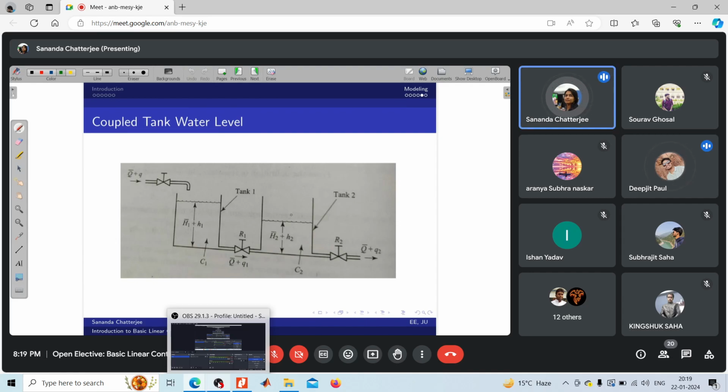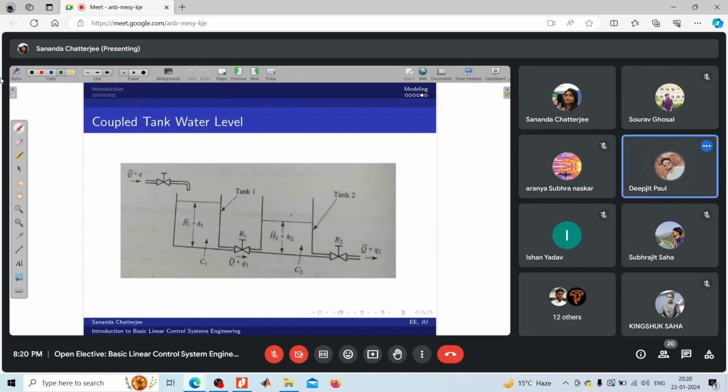And the second thing is the output flow Q2. This valve R2 is represented by the resistance in this valve, and it will change from time to time, because some of the users will be using the flow, which is a time-varying function. Sometimes four houses will be taking the output water, sometimes two, sometimes 10.